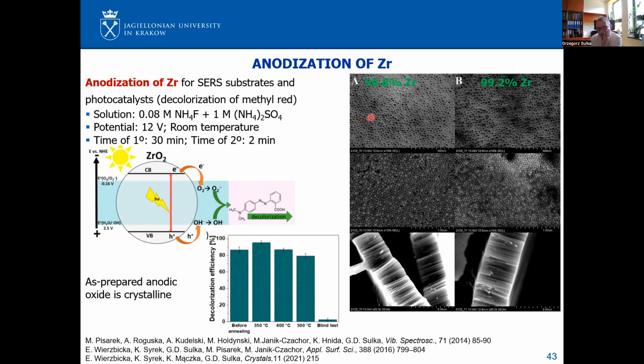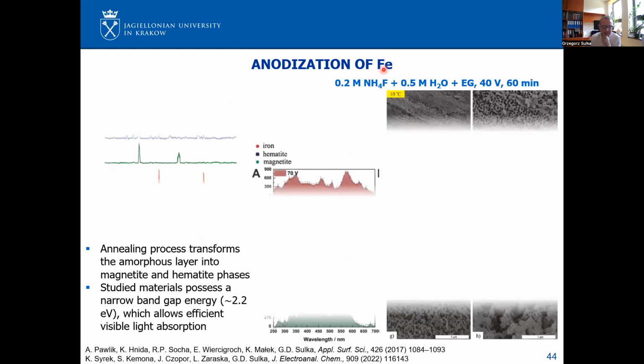Interesting thing is that after the anodic oxidation of zirconium, zirconium oxide is already crystalline, which is different from other anodic oxides, as we noticed for the first time.